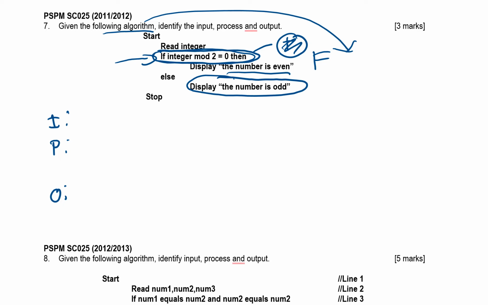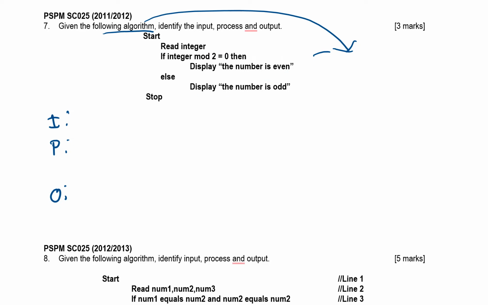So how to write the IPO for a selection control structure? Now we get the output first. Since this is a selection control structure, it will produce either this statement or this statement, based on this condition.